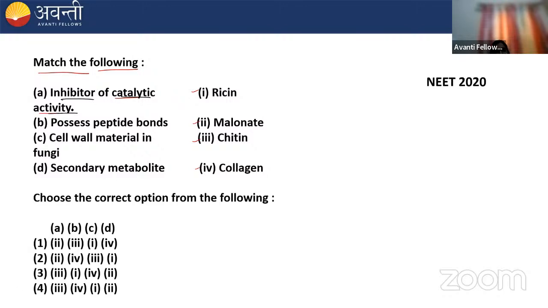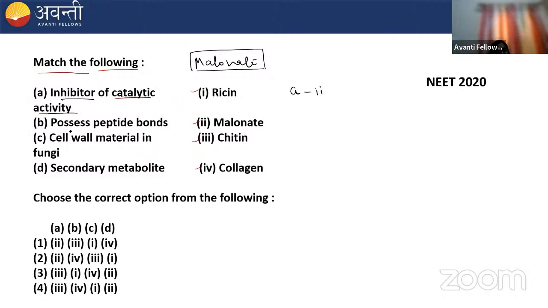Inhibitor of the catalytic activity, I told you, the competitive inhibitor. Malonate, remember the competitive inhibitor. Malonate is an inhibitor of the enzyme succinate dehydrogenase. So the correct option for A is malonate.